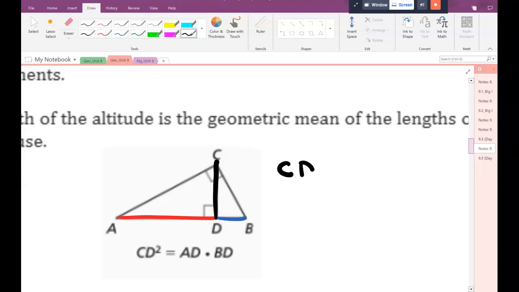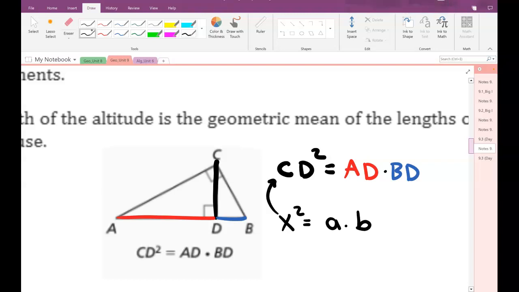So we can find the length of CD by saying, well, that's AD times BD, which fits into our geometric mean theorem, which is x squared is equal to A times B, where our x squared would be our CD, AD would be our A term, and BD would be our B term. So that's one of the theorems. I think this is the easier of the two.